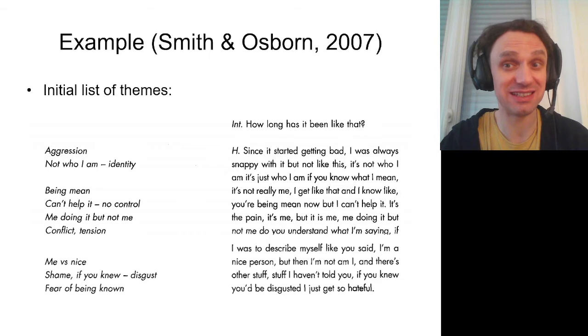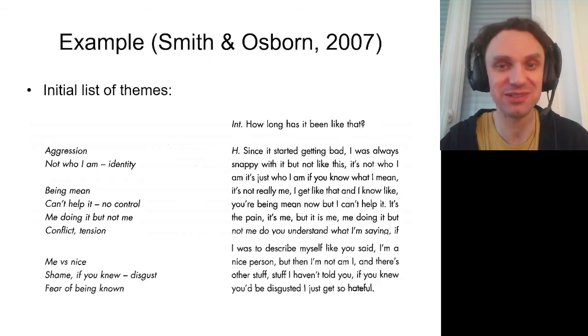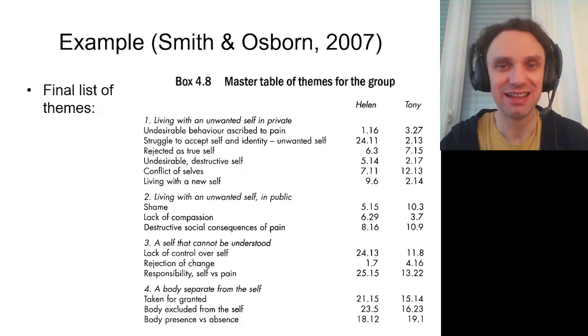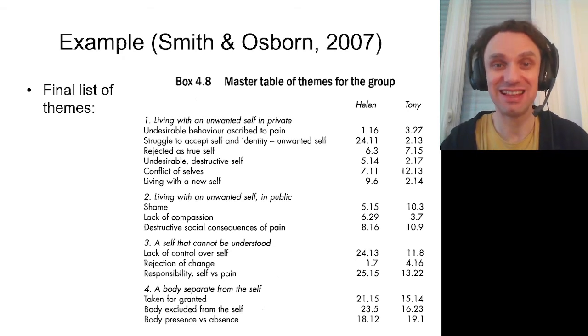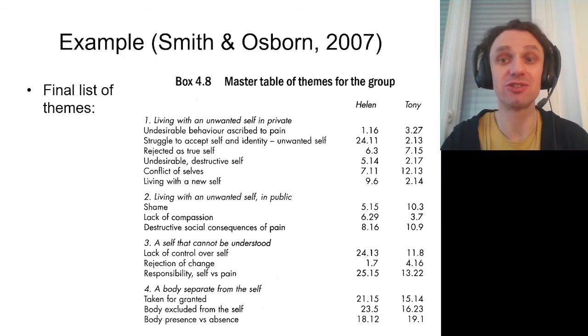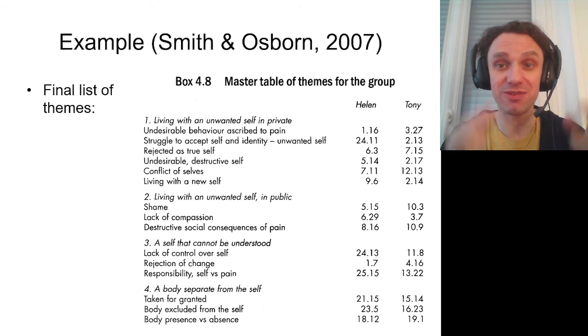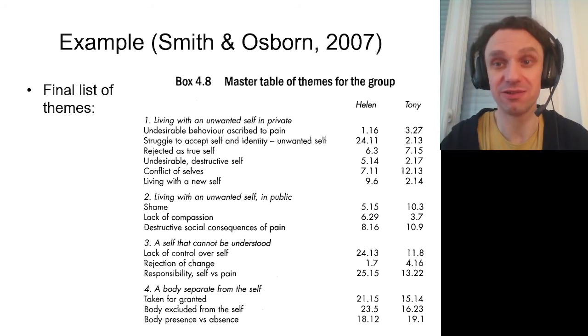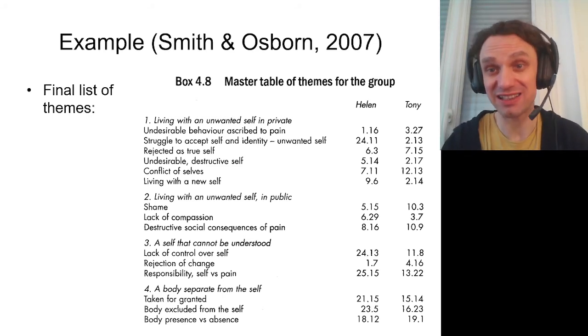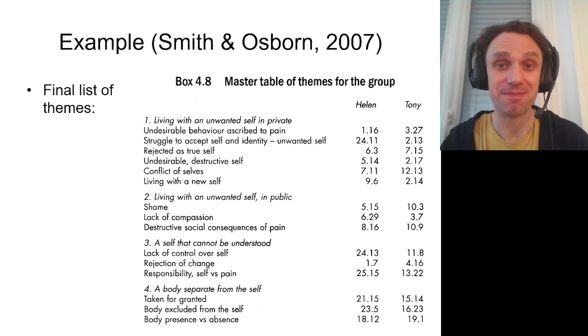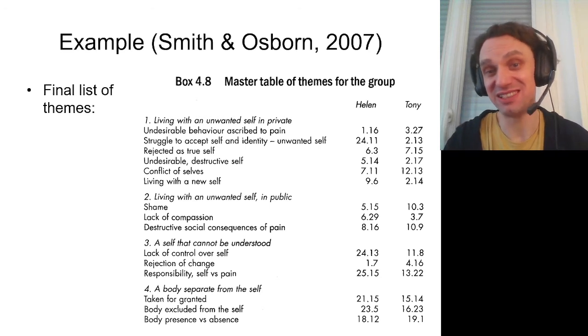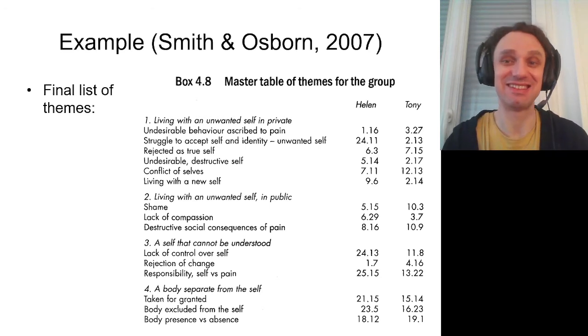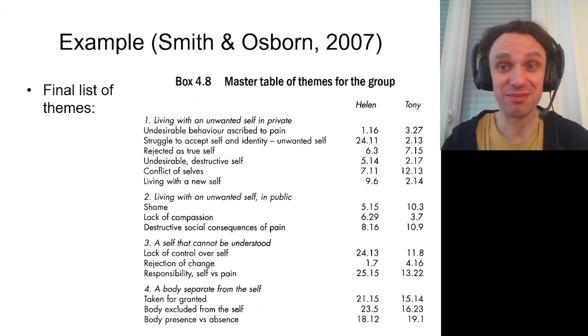So the first step is jotting down an initial list of themes, and then you come up with a clean list of themes for every participant. Then you generalize those themes over different participants, and you come up with a master list of themes for the group. Typically, in an ideal situation, all those themes can be found in the interviews of all the participants, but not necessarily.